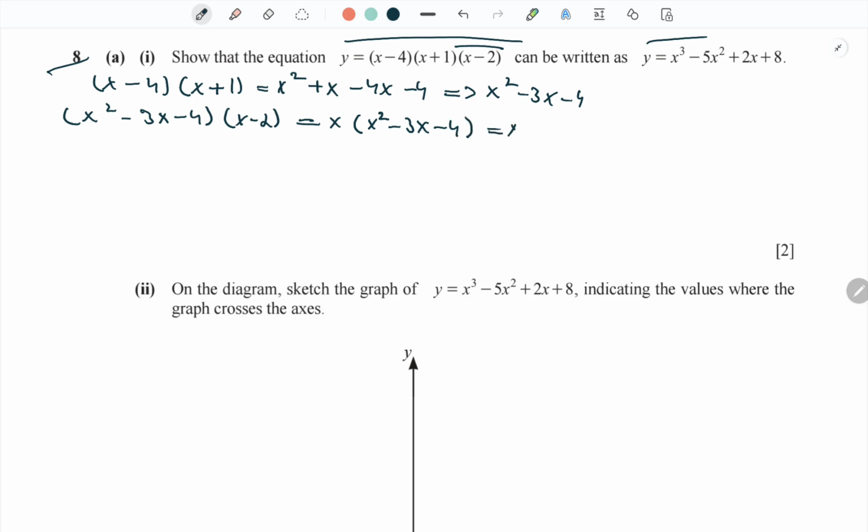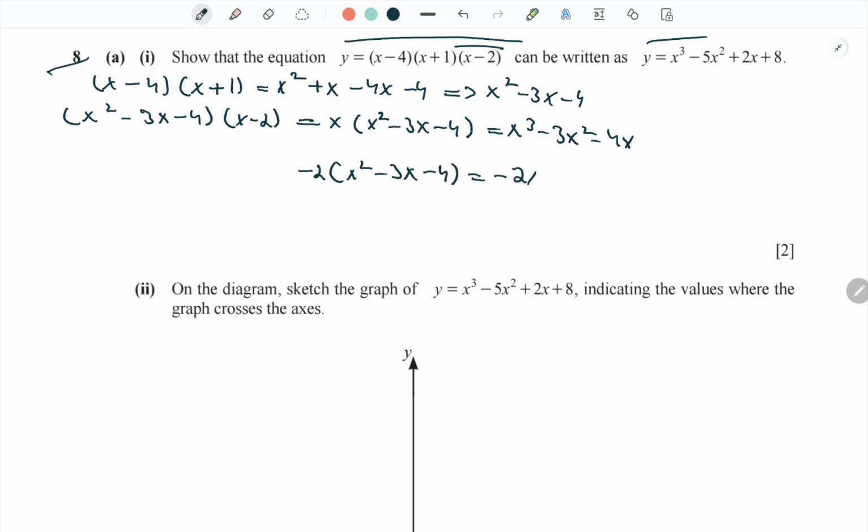So x cube minus 3x square minus 4x. Now we multiply negative 2 by the bracket. So we have negative 2 times x square minus 3x minus 4.